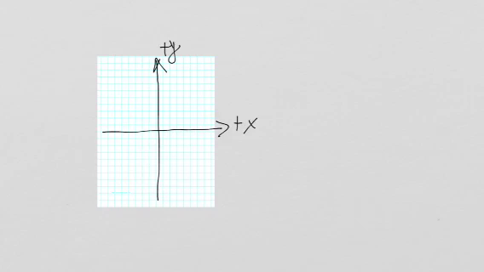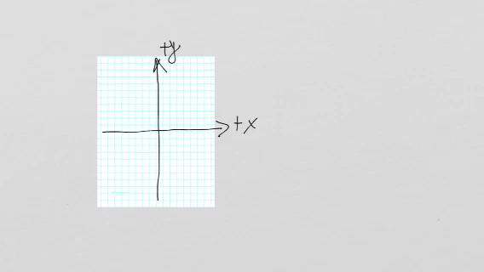Now, I've inputted a little graph here. We'll see how this works. If I draw my grid here, we know that this is positive x and this is positive y, right?